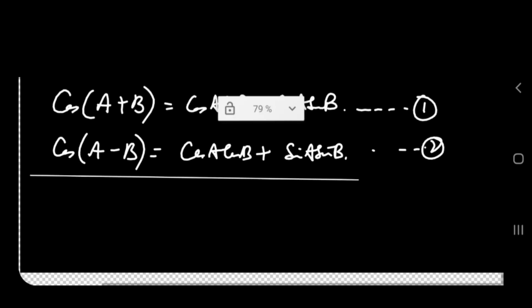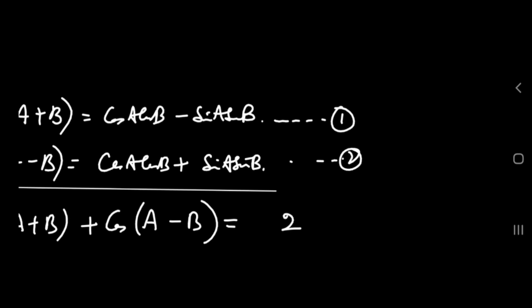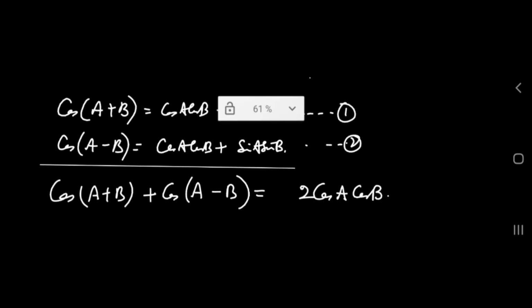So if I add them, what will become? Cos(A+B) + cos(A−B) will give you 2 cos A cos B. So this formula will come across.